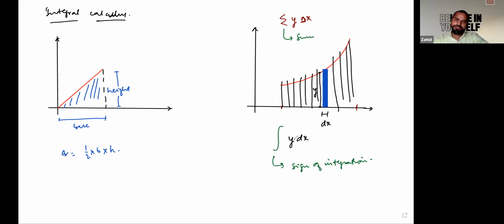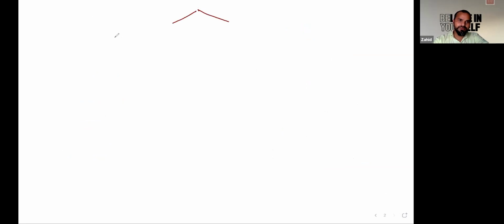Now, for the integration or summing of this graph, we define integration into two different parts: the first is called indefinite and the second is called definite. Definite and indefinite are defined on the basis of the limit to which we are considering the curve.